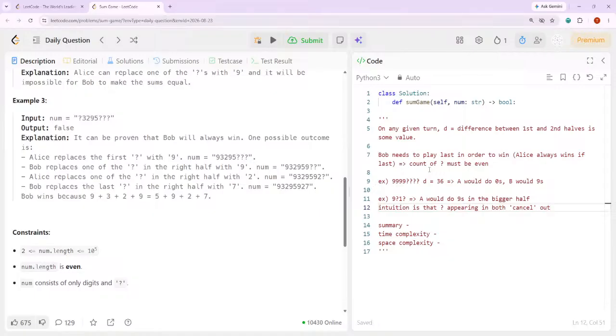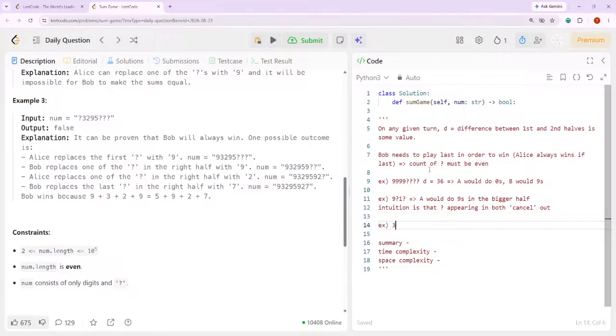Which means that Alice stays advantaged, unless it's even on both sides, like 3 question marks each, then Bob would win because whatever Alice would do there, Bob can answer.